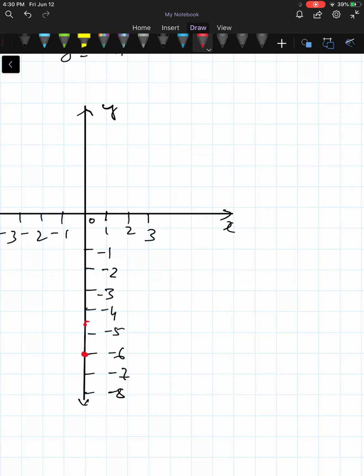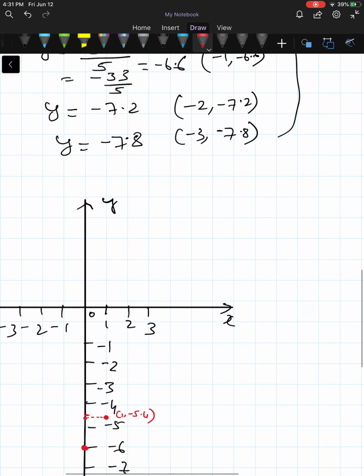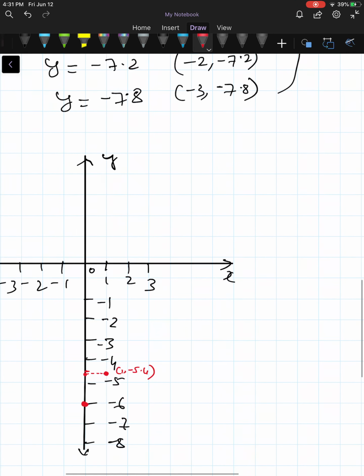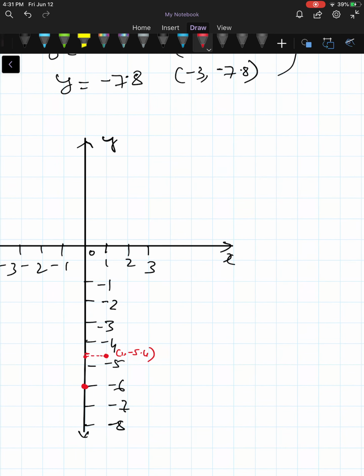That should be on 1. So here is the point (1, -5.4). Next we have (2, -4.8). 2 is here. (2, -4.8) will be somewhere here. Okay, this is (0, -6).